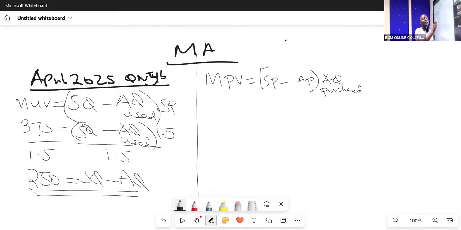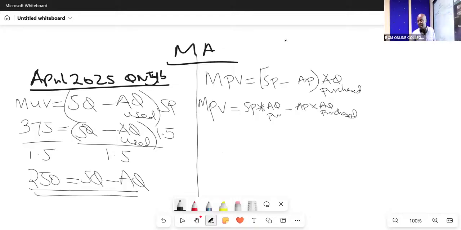Ladies and gentlemen, I will have to open brackets, something I knew most of us would not have done. So I'll write that material price variance equals SP times AQ purchased minus AP times AQ, what somebody purchased.